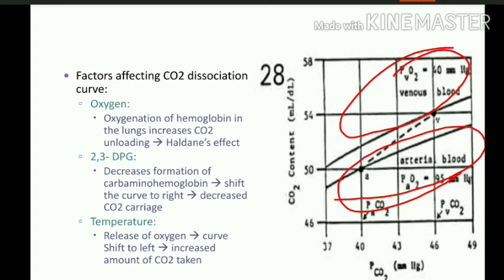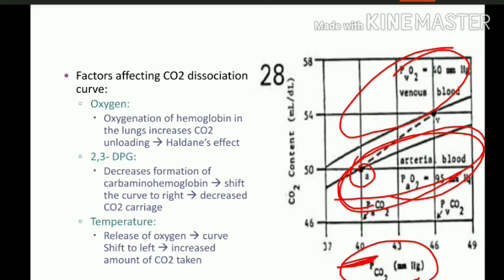Here you can see in the arterial blood, the curve is shifted towards the right side, meaning at the same partial pressure of carbon dioxide, CO2 content is less. Suppose at 40 mmHg partial pressure of carbon dioxide, in the arterial blood CO2 content is, you can see here, about 50 ml per 100 ml.